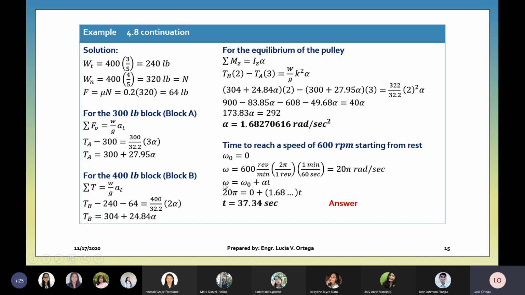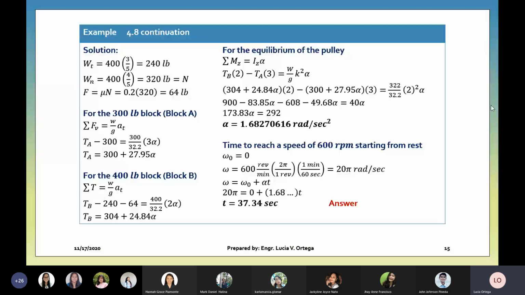So substituting in this equation, the final angular velocity is the initial angular velocity plus acceleration times time. So you can solve for time, and that is 37.34... So I write dot, dot, dot, meaning I use all the decimals. So the time is 37.34 seconds.